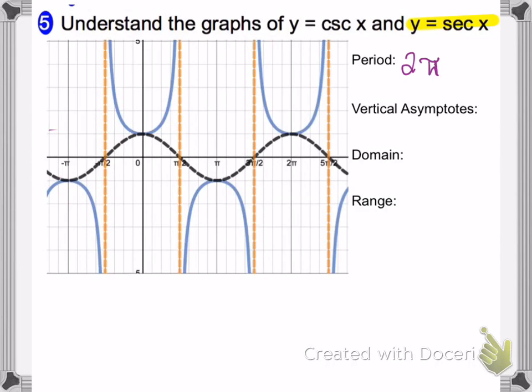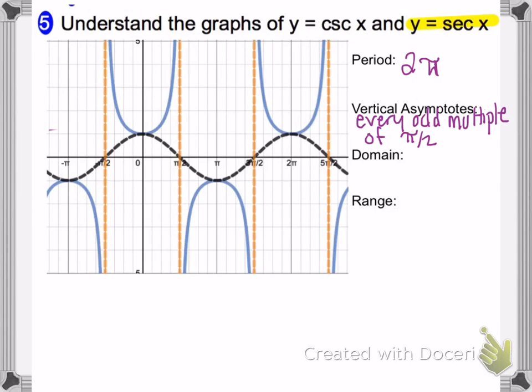We have vertical asymptotes occurring at every odd multiple of pi over 2. So what I mean by every odd multiple of pi over 2 is pi over 2, 3 pi over 2, 5 pi over 2, and so on. We discussed those in yesterday's class where we talked about cotangent and tangent.